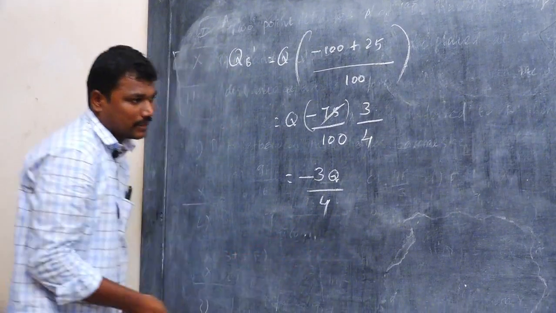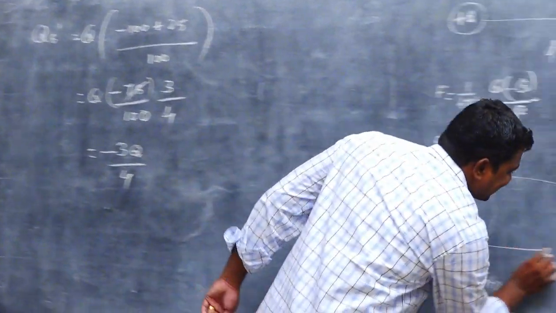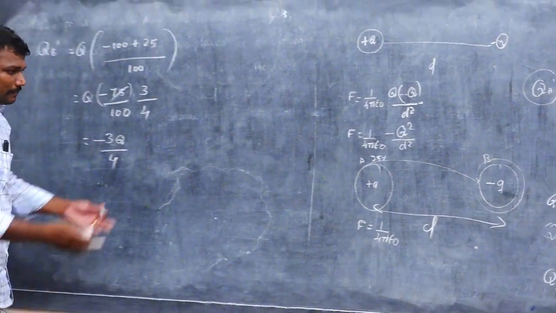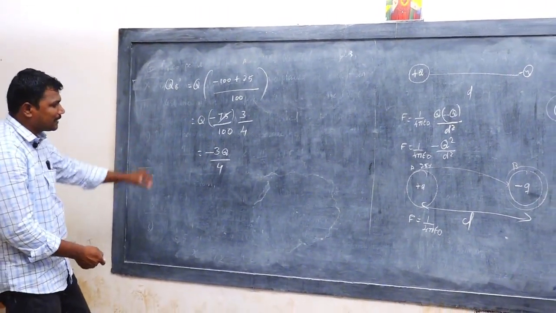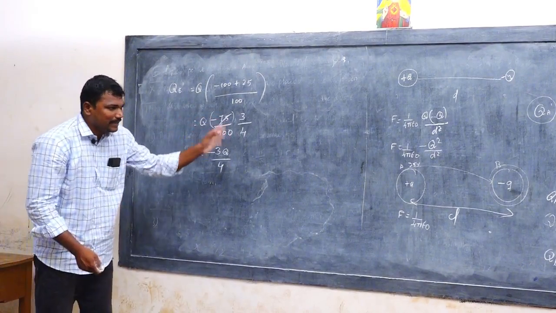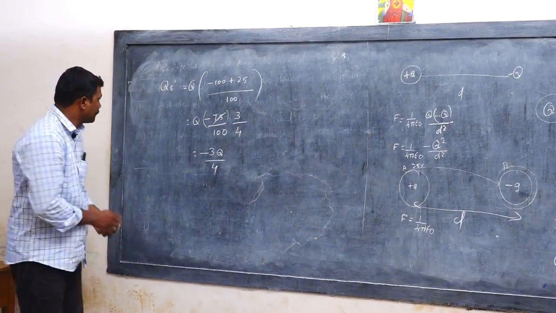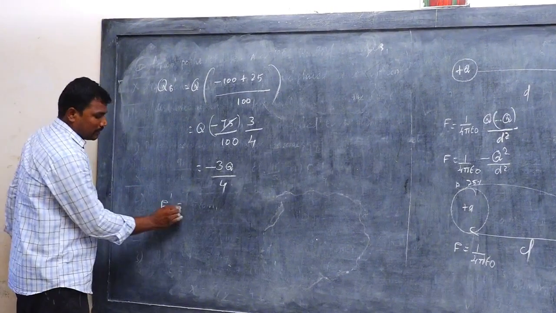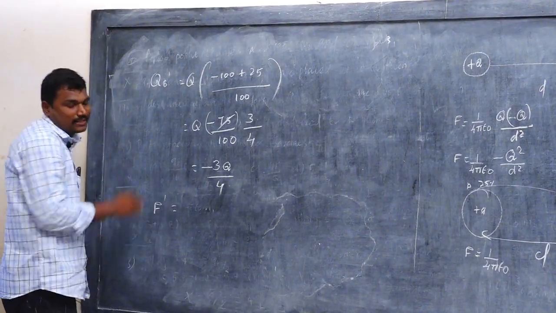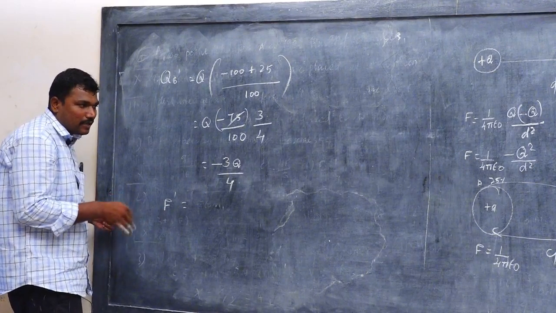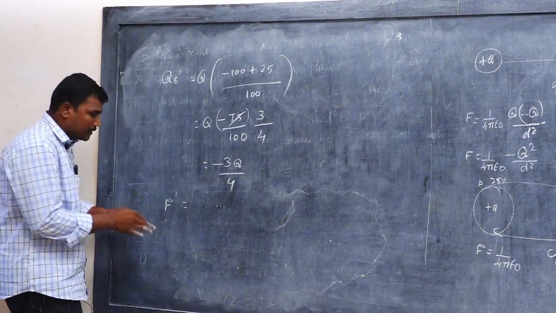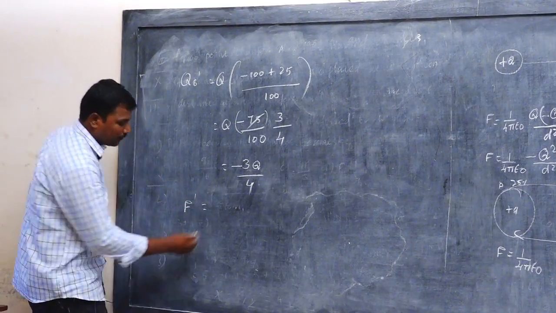After that, the distance is not different. The question is whether the force increases or decreases, and which option is suitable. Our aim is the final force, F dash. Just modify the symbol with a dash, because the initial force has the symbol F, and the modified force gets the symbol F dash.